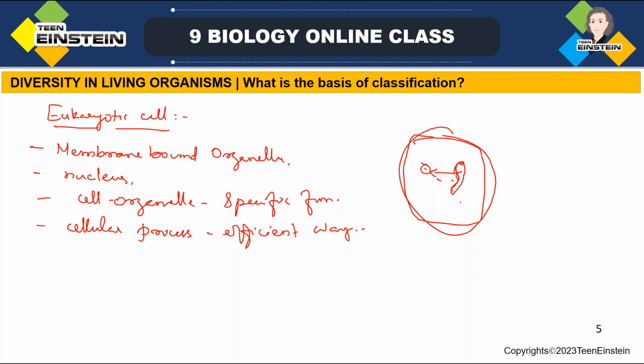So it will not disturb the work of other organelles. Efficiently it can perform the function, and each organelle is isolated from the other one, so it can perform very well without disturbing the other organelles. It can clearly perform the function.